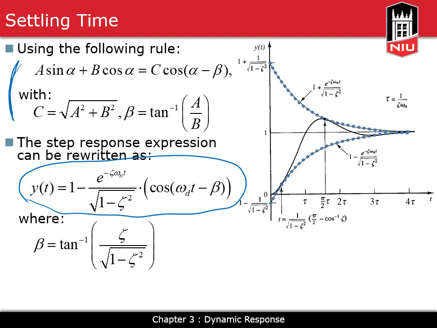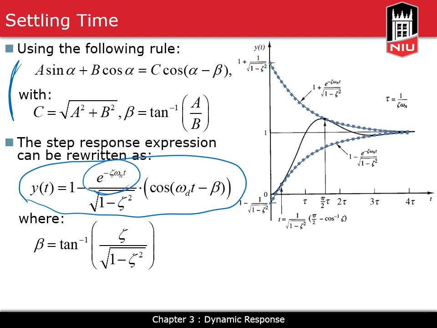And to define our settling time, we don't even need that beta. Beta is only showing us what that equation of y of t is created from. What we care about, as I mentioned earlier just before getting to the rise time, is that exponential term, e to the negative zeta omega n t. So there is a sinusoidal signal, something that goes up and down, but it's going to be confined within two exponential functions.